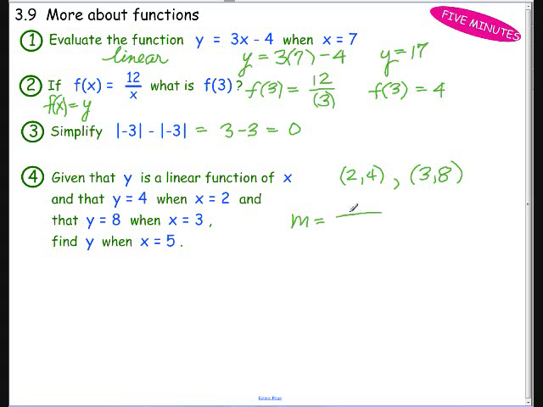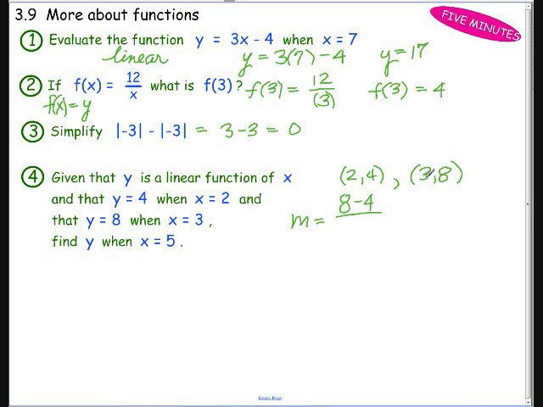Remember, slope is rise over run, or the change in the vertical over the change in the horizontal. The change in the vertical is noted here in our y's. Let's start with this one. We'll say 8 minus 4. And then we'll make the same comparison here.